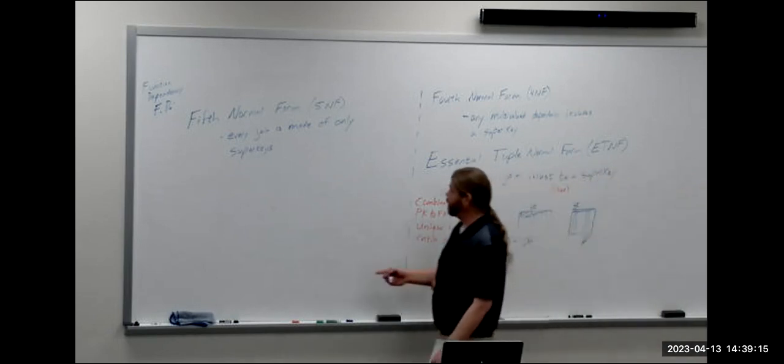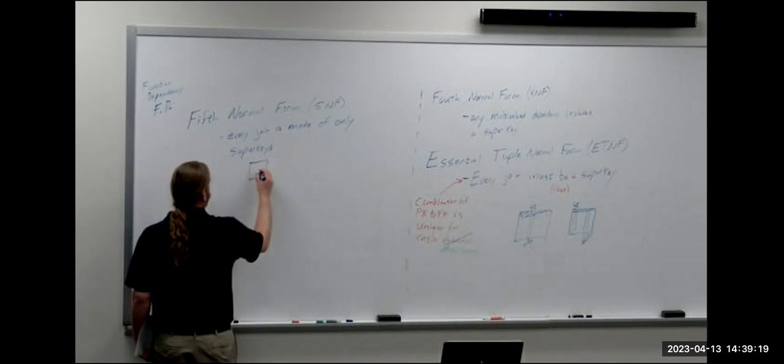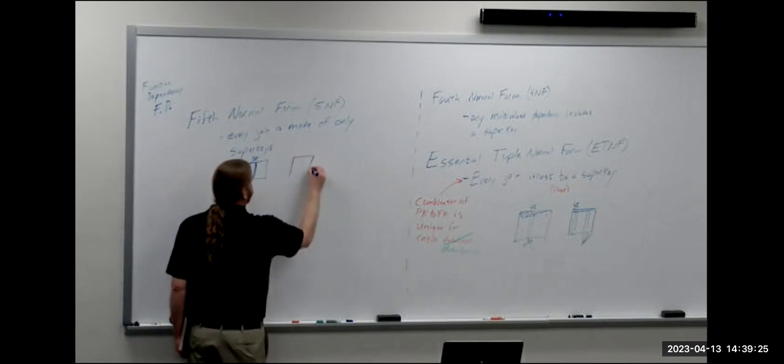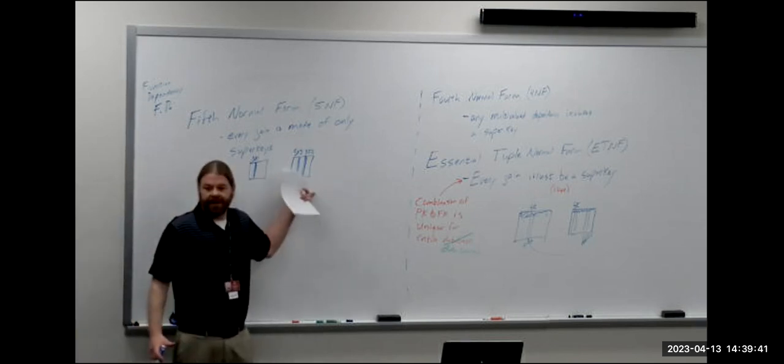But for the fifth normal form, we have that super key in the table somewhere. And then over here, I'll do a two-part super key, SK1 and SK2. So maybe we need a bigger super key over here.